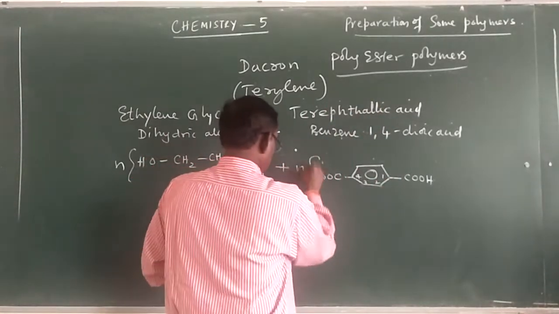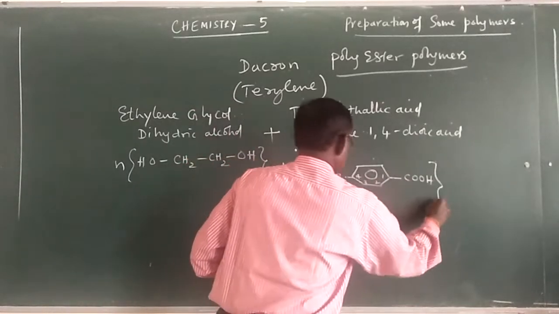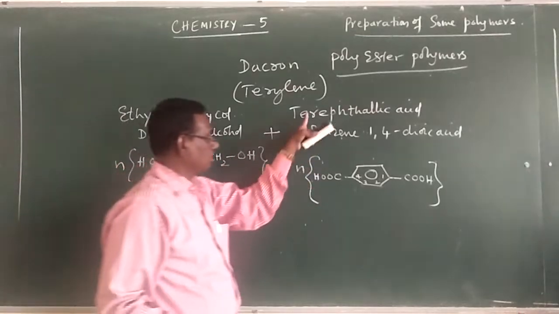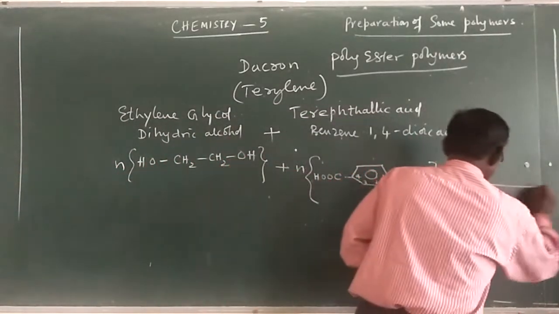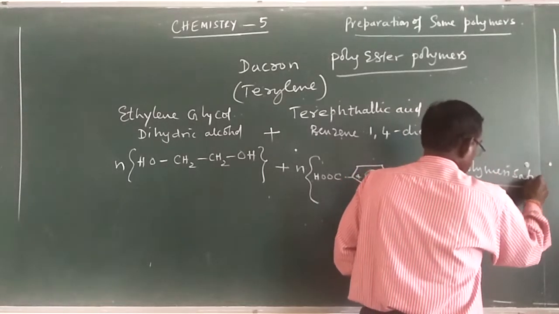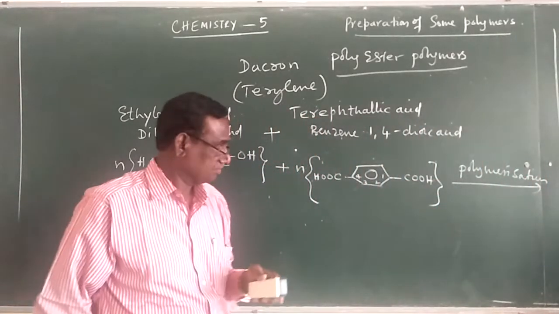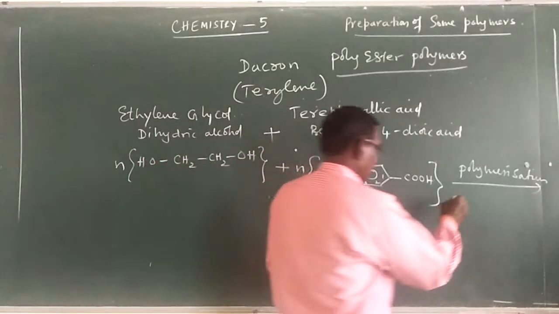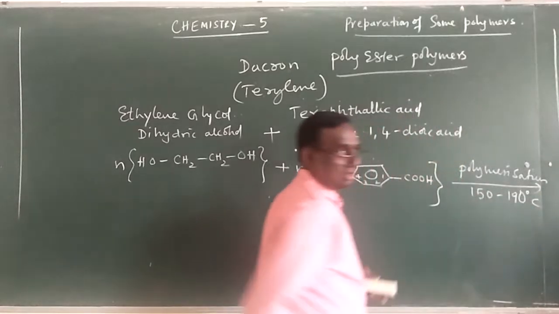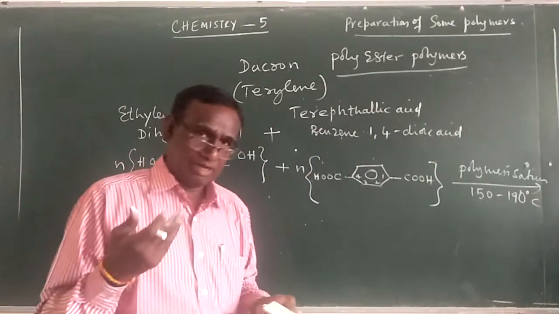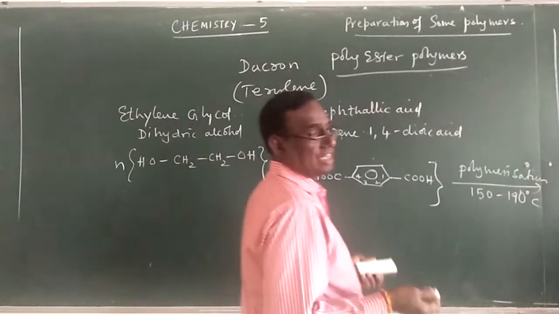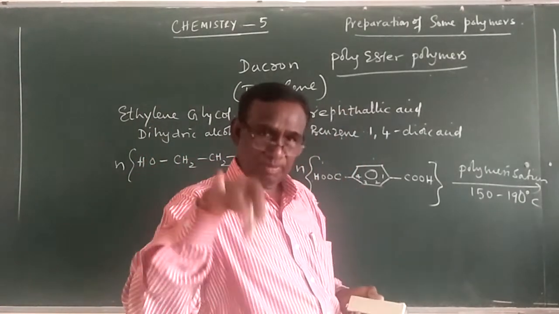So I am taking n molecules of ethylene glycol and n molecules of terephthalic acid, which undergo condensation polymerization at about 150 to 190 degrees Celsius. It takes place with a catalyst mixture, which is zinc acetate and antimony trioxide.